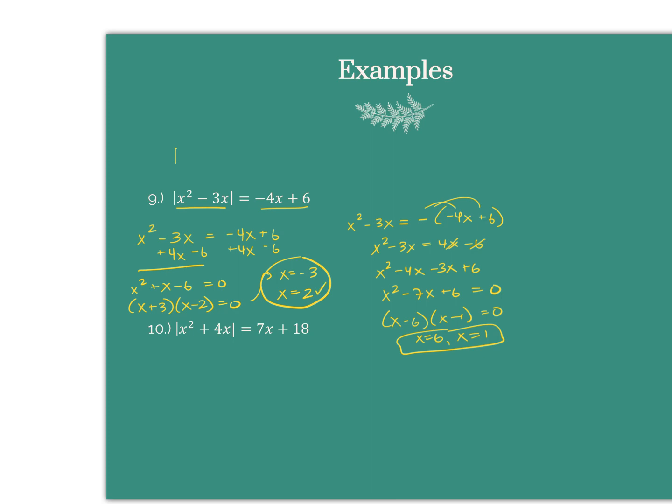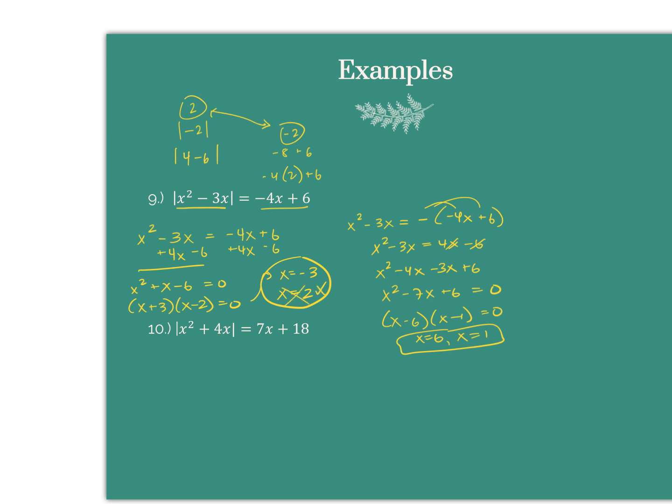I'm going to plug in 2, so that's 4 minus 6 equals negative 2, and the absolute value of negative 2 is 2. On the right side, negative 4 times 2 plus 6 is negative 8 plus 6, which equals negative 2. Notice these are not equal to each other, and so this is extraneous.